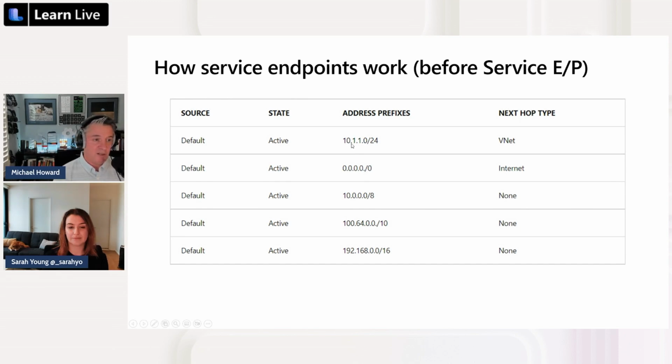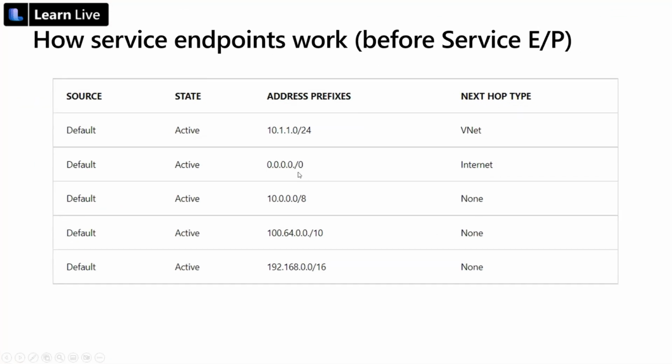It makes a request to 10.1.1.7. The route for that particular environment will say route it to the VNet. The next hop is the VNet, which means that it can communicate with anything else within the VNet. This one here says if it tries to make an outbound connection to basically anything, then that goes to the internet. And then there's all these other ones down here as well.